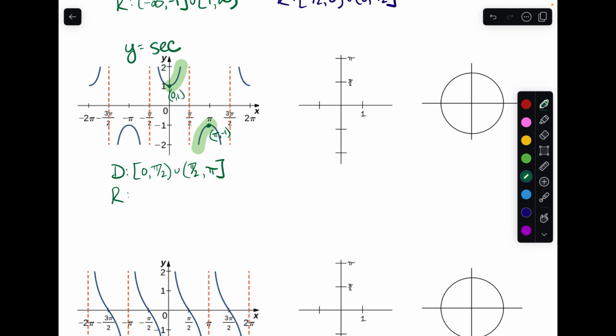The range, just like for cosecant, would be negative infinity to negative 1 and 1 to infinity. Again, I invert those points, so now there's going to be a point here at 1, 0, and a point at negative 1 comma pi.